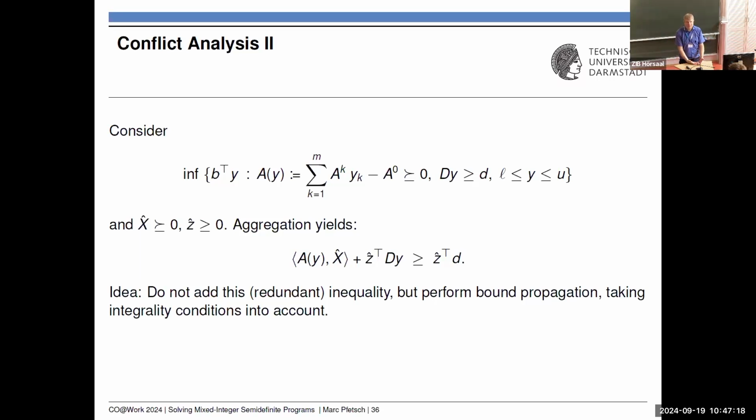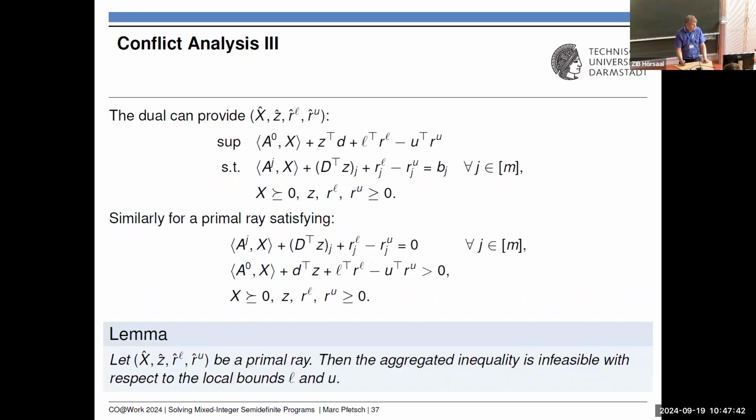I've just derived it from the constraints directly. So if the original constraints are satisfied, then this inequality is satisfied as well. However, in the algorithm, you can do bound tightening. If certain variables are fixed, you may fix other variables, and you can make use of integrality. So this is why the inequalities might be valuable.